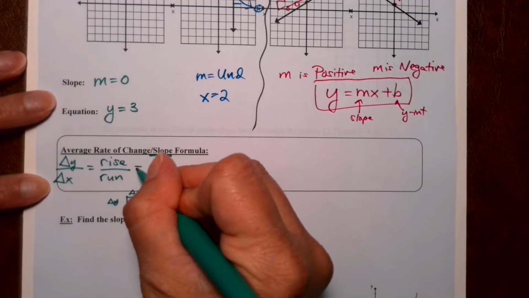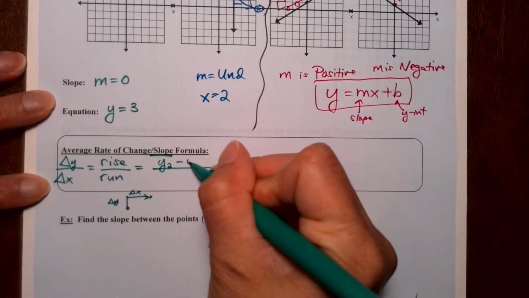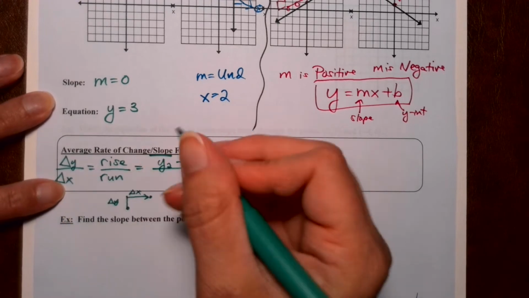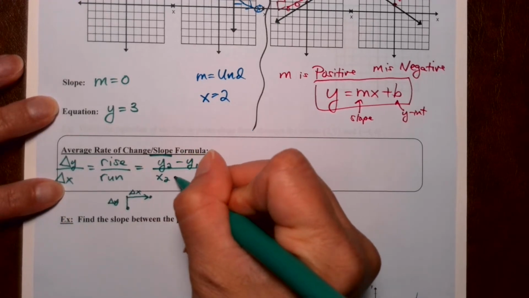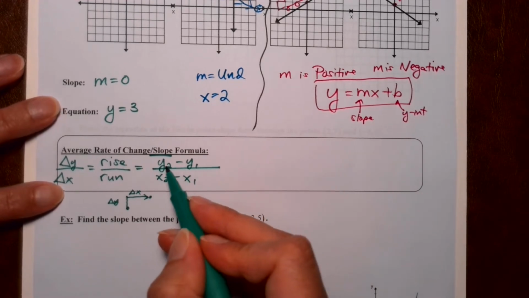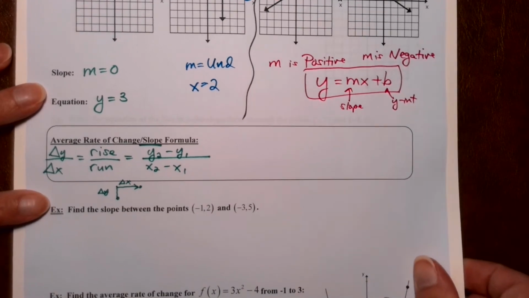The formula is y2 minus y1 over x2 minus x1, since delta x is the change in x. Does it have to be y's on top? Absolutely, yes, you have to have the y's on the top.